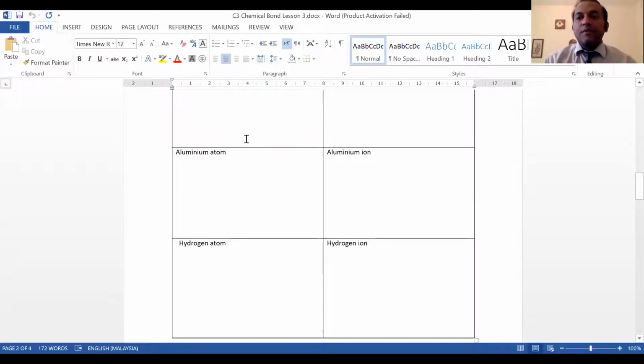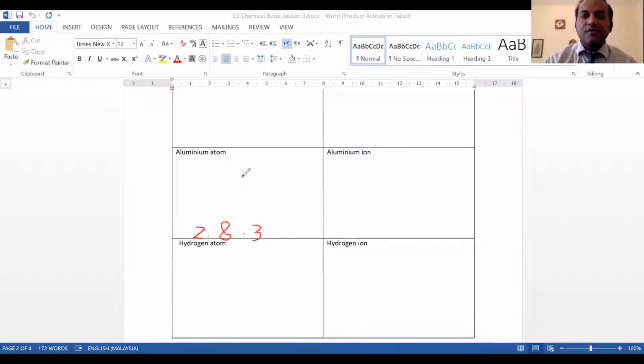When we look at the periodic table for aluminium, the atomic number is 13. So it means it has 13 protons. Therefore, it also means it has 13 electrons. So we know the arrangement should be 2, 8, 3.